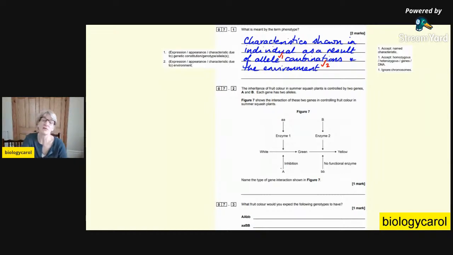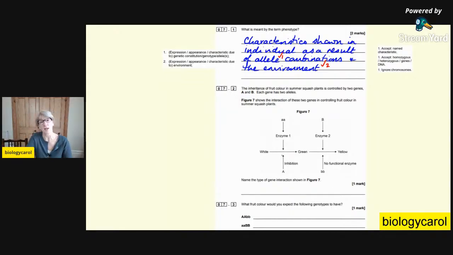Sorry, I've just said that the wrong way around. Let me just explain that again. So this is epistasis because if you have the dominant allele, it inhibits the white turning into green, and therefore the dominant allele masks the effect of enzyme 2.